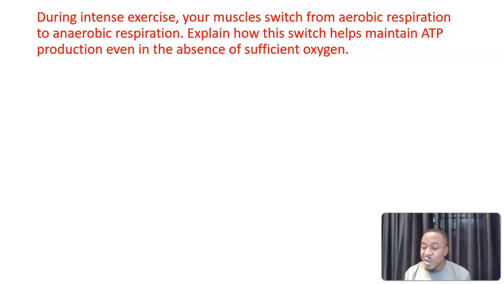The pyruvate will be converted to oxaloacetate. From there, we go back to gluconeogenesis, where glucose is produced. The glucose produced leaves the liver back to the muscle for continuous supply of glucose, so that the muscle can continue with the exercise.